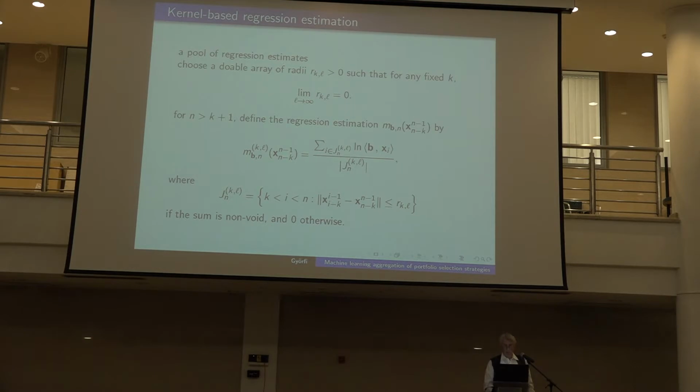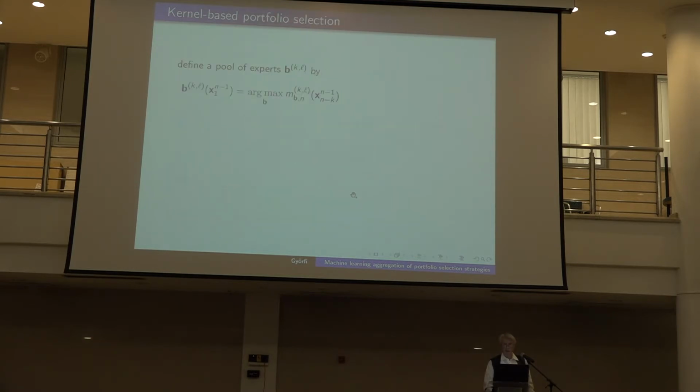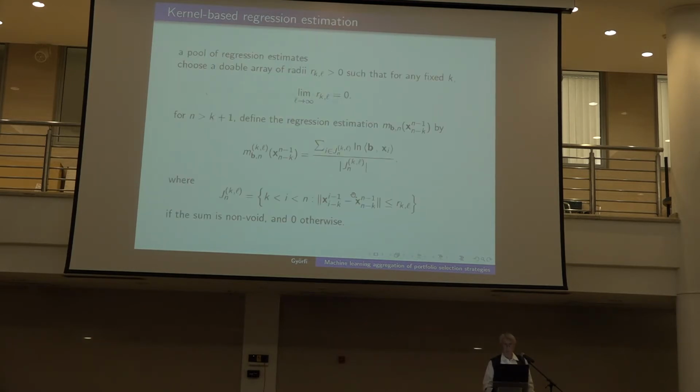And we do the following. Assume we are at the beginning of day n, and we see the past segment from n minus k to n minus 1, and search for similarities in the past.